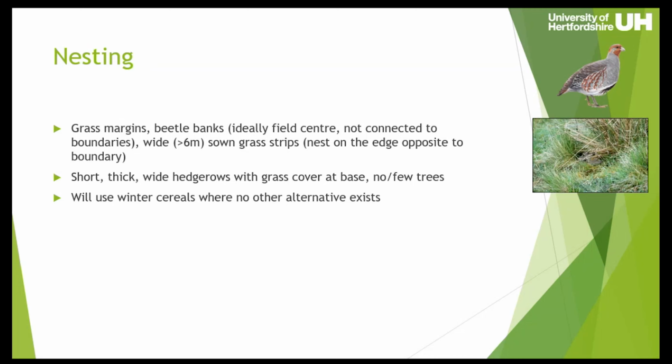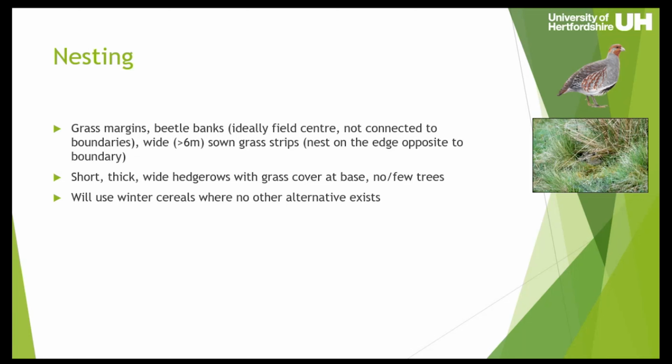They'll be assigned a score of 1. They can also utilise very short but thick, wide hedgerows where they can get right in at the base, and that provides some protection from predators, ideally with a limited number of trees to prevent perches for, for example, raptors.